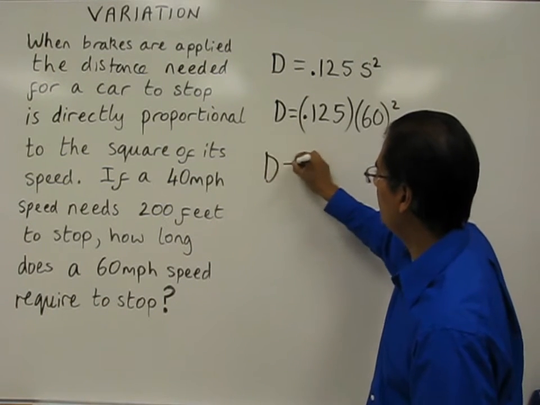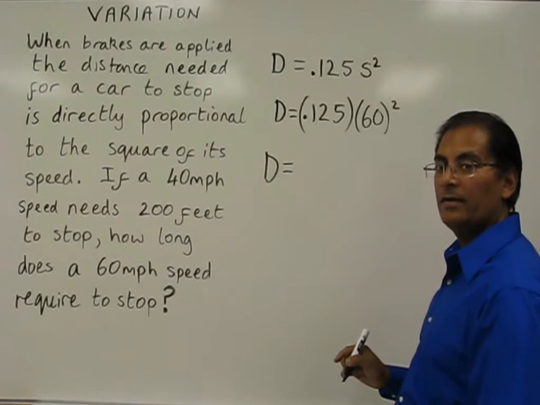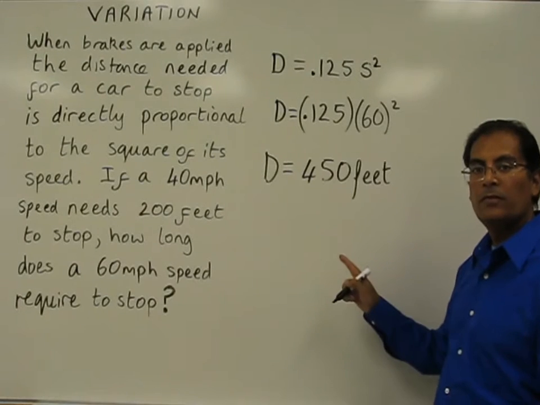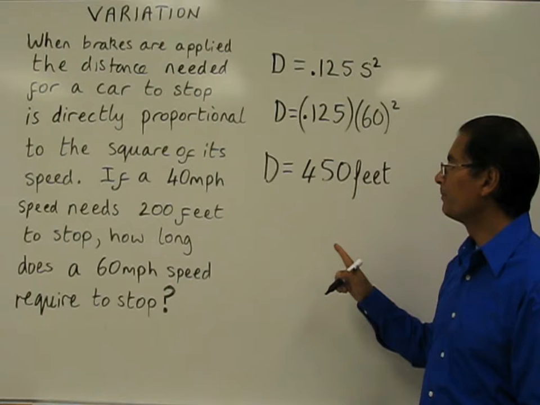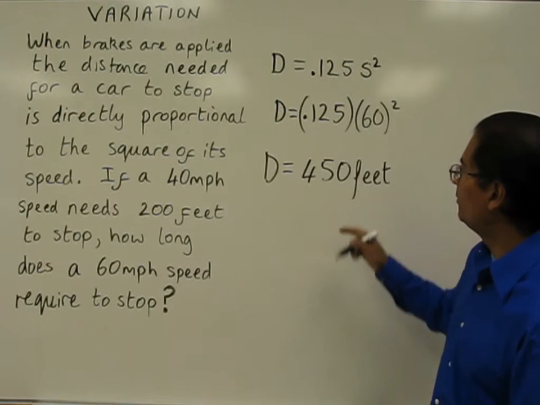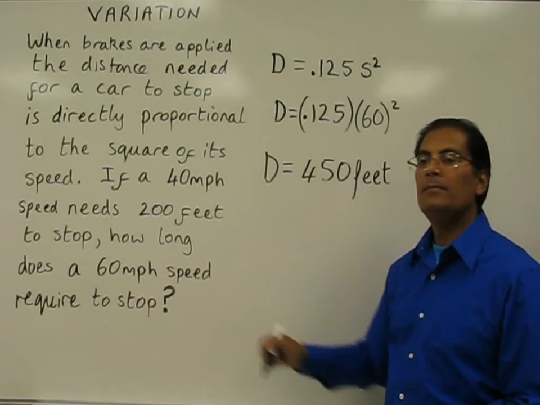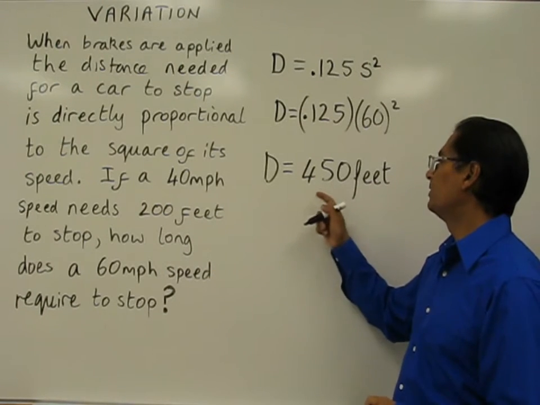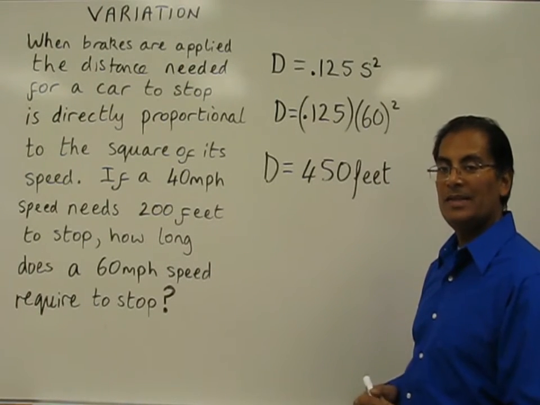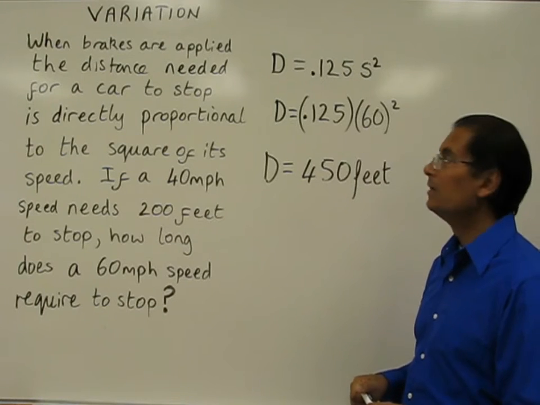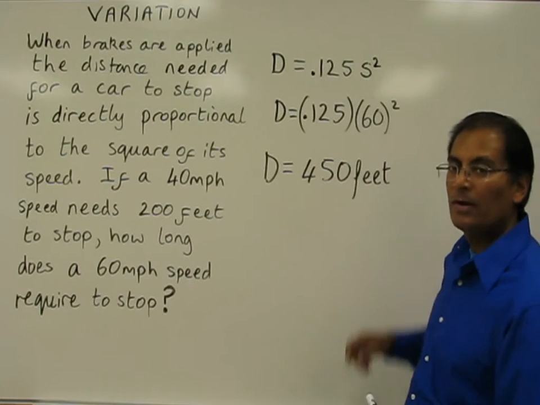And so when we calculate this out, we get 450 feet. So notice that the distance has more than doubled, even though we've gone up by only 20 miles per hour. And that's because of that square relationship.